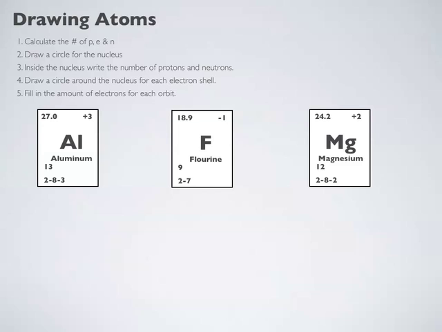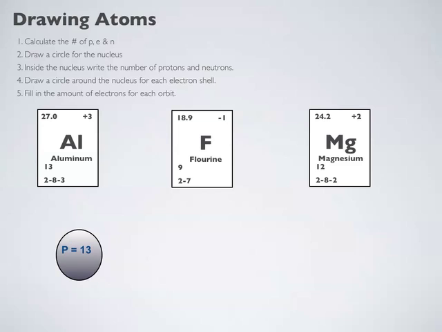So we will sometimes draw a model of what an atom would look like, and it's very simple. First you need to know the number of protons, neutrons, and electrons. You draw a circle representing the nucleus. Inside, you write in the number of protons and neutrons. So how many protons in aluminum? 13.